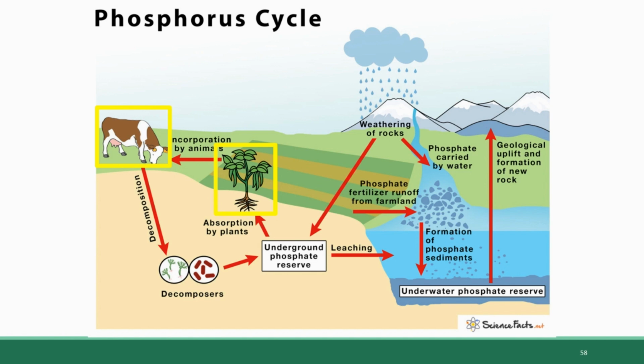And when all of the above organisms die, soil decomposers break down their phosphorus containing biomolecules and release the phosphate back into the soil and water, and then phosphate reserves in the soil and water, as well as phosphate fertilizer runoff from agriculture, will also leach into the ocean, leading to sedimentation on the bottom of the ocean and the incorporation of phosphorus into rock formations. And over long periods of geologic time, regions of the ocean floor become uplifted due to tectonic activity, and this can bring those phosphorus reserves to the surface again. But this final process of geological uplift takes millions of years to occur.